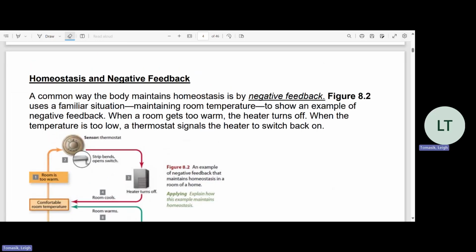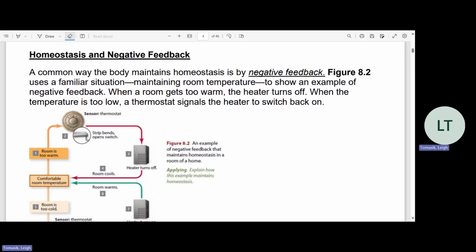Now, I want to talk about how homeostasis works, and we're going to discuss something called a negative feedback loop. Your body maintains its temperature a lot like the way your house maintains its temperature. So, we are going to look at how negative feedback works.